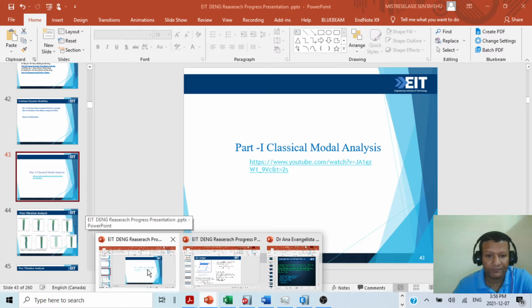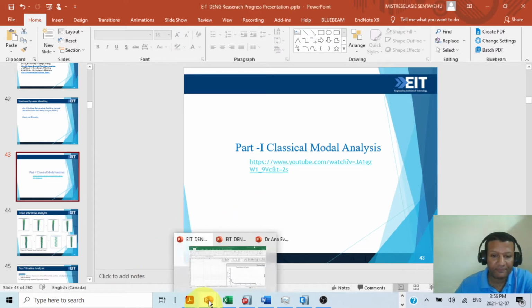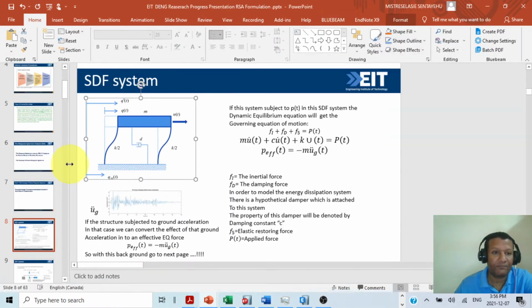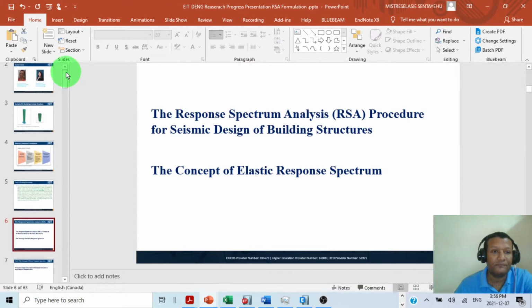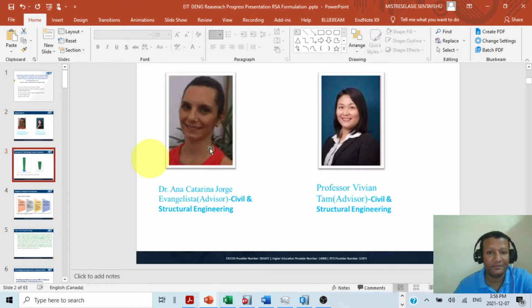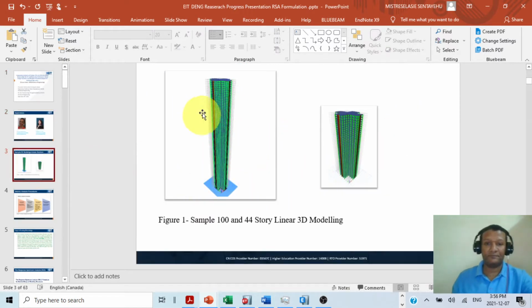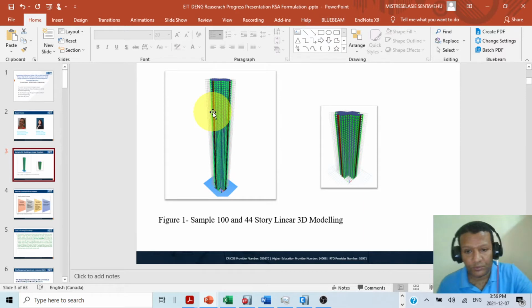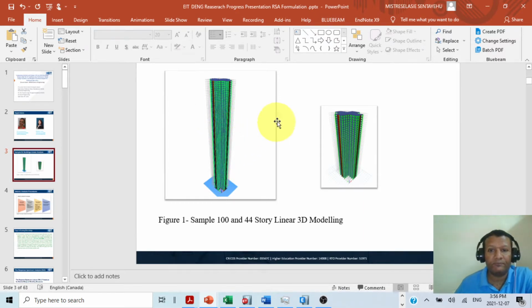Just to recap, let me open what we did last time. These are the model buildings, linear and nonlinear, in our research.